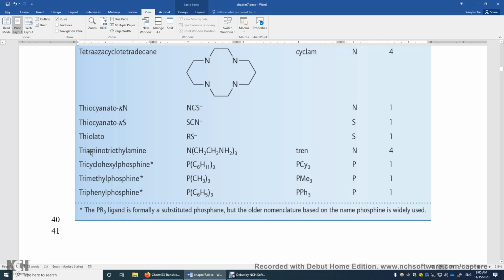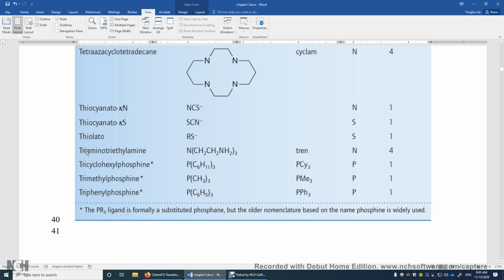Triamino, that means 3 amino groups. And then triethylamine, another amine here. If you have just nitrogen bonded to 3 ethyl groups, that's triethylamine. But then on the end of the 3 ethyl groups, you replace 1 hydrogen with an amino group.